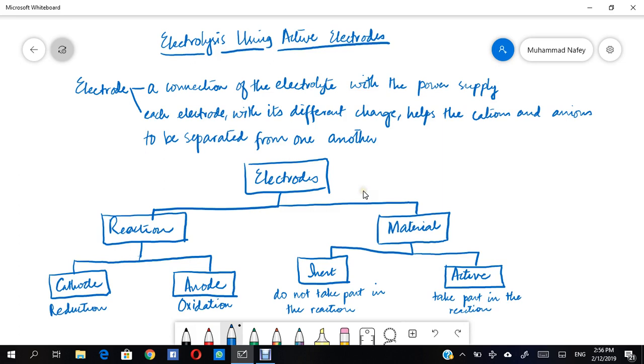Let's take an example. Let's say I have an electrolyte which is a solution of copper sulfate, and I dip two copper rods into it and make it a complete electrolytic cell.